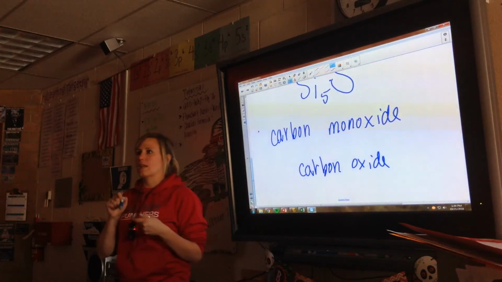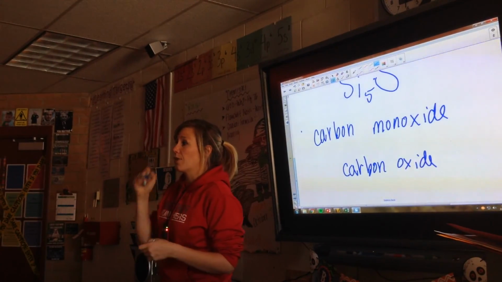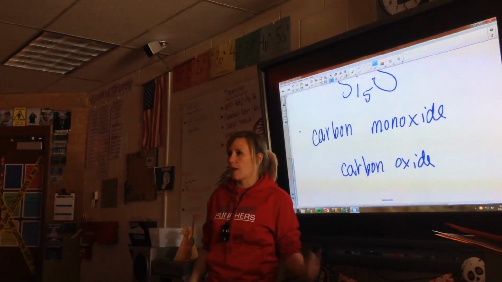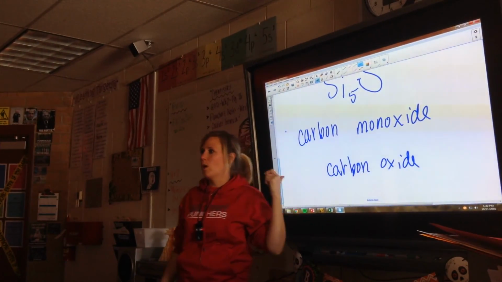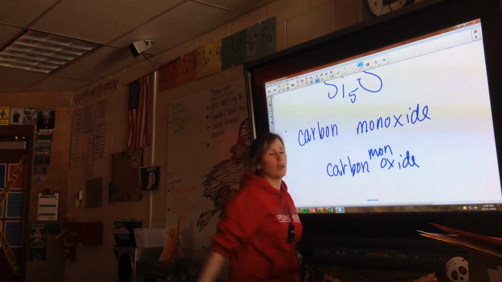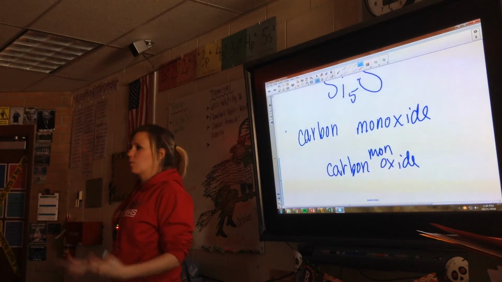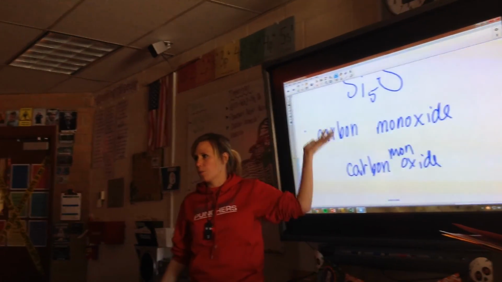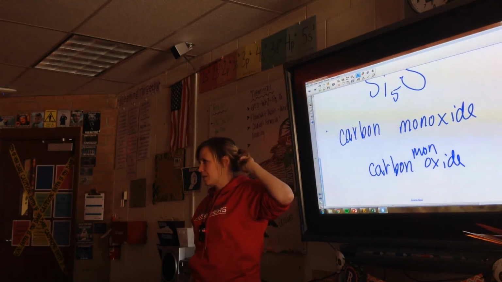And what you need to know, like I said, I'm going to try to drive this point home, is with ionic compounds, you don't use prefixes. Well, I don't see any prefixes there. Does that make that ionic? No, we want that prefix somewhere in there to tell us that it's definitely not ionic. That's going to be my best conjecture as to why we at least do mono for the second one, but not on the first one, just so it's present somewhere in there.